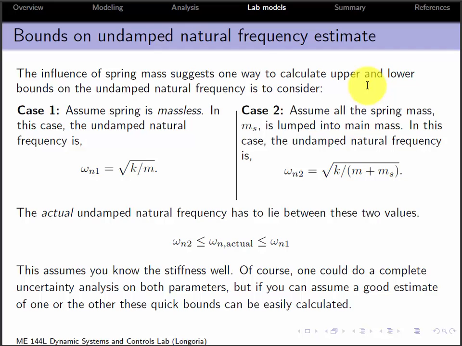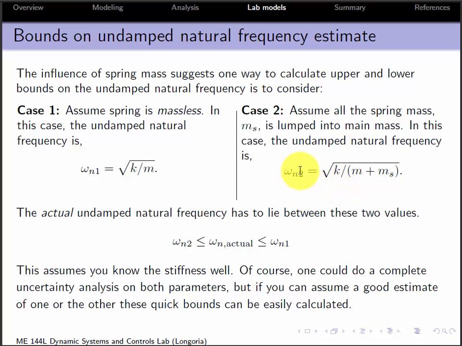Say you consider the case where the spring is massless, right? Which is the way we normally approach it. Then we can get one estimate of natural frequency. The alternative is to say that whatever spring I have, I'm going to take its full mass, add that to the main mass, and now I'm going to get another estimate of natural frequency. Right?